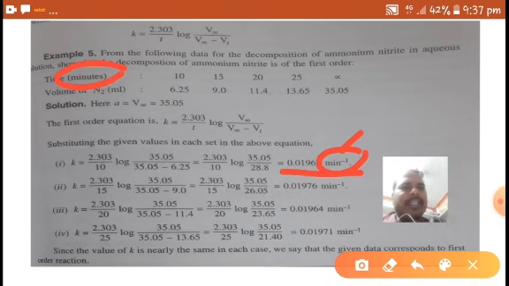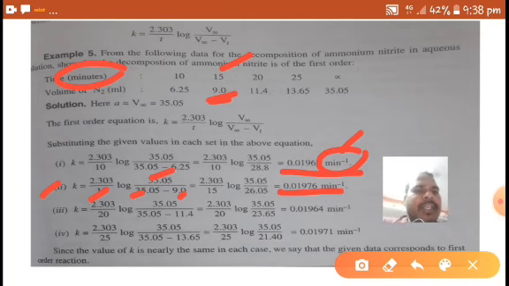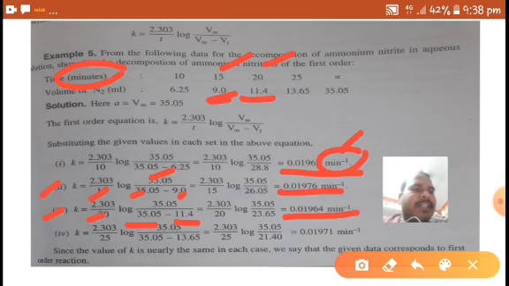So I get the units in minute inverse. I am taking the second at 15 minutes, substituting 15 minutes, and V infinity 35.05, V infinity minus Vt at 15 minutes is 9.0. So I am getting the value of K as 0.01976 minute inverse. I am taking the third one at 20 minutes, the Vt is 11.4, and by substituting all these things, I am getting the value of K as 0.01964 minute inverse.